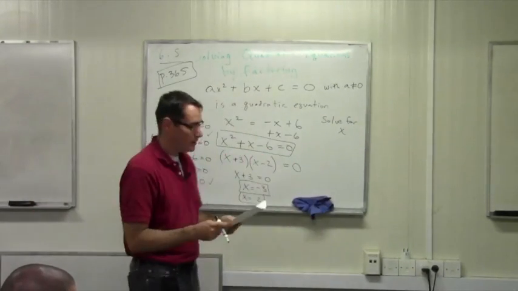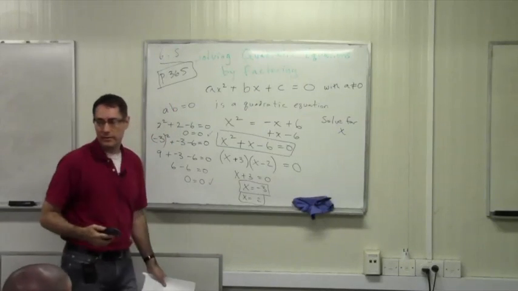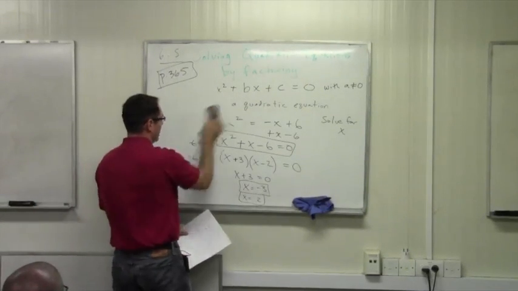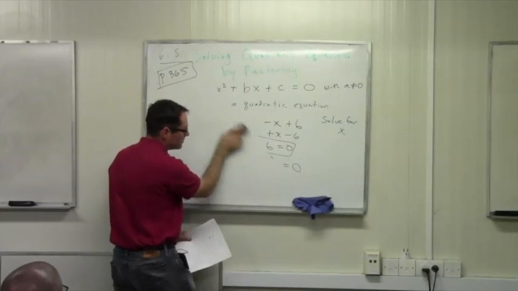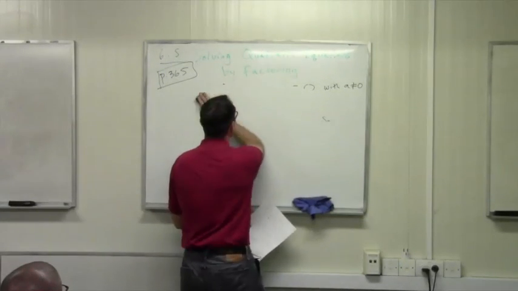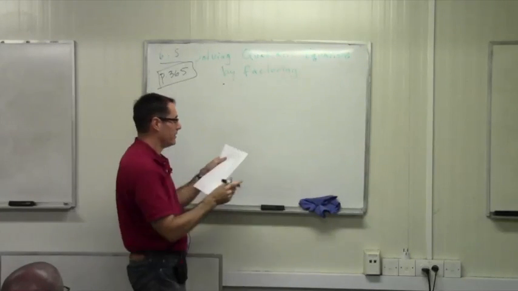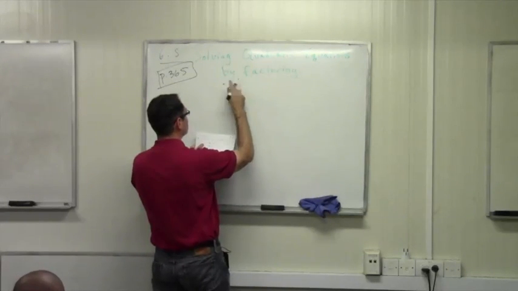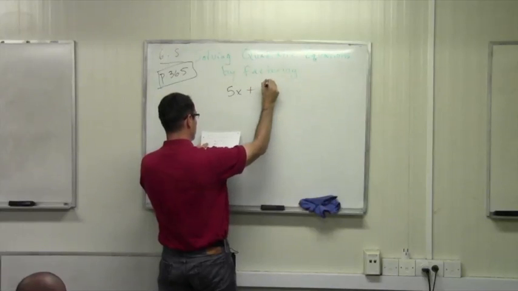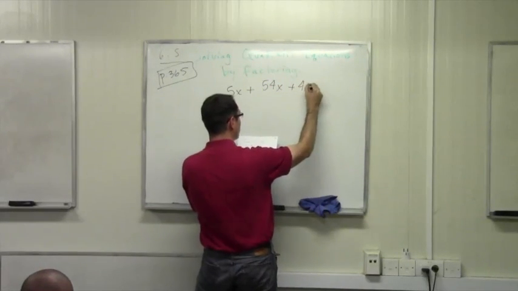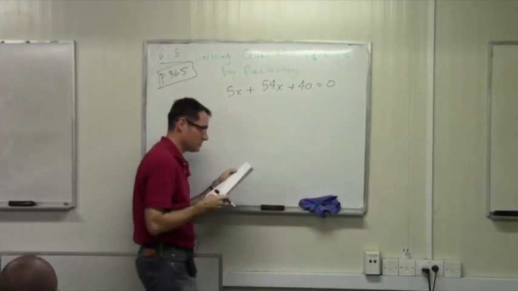All right, here's another one. People still writing this one? No? OK. The next one is 5x squared. Oh, this looks like an ugly one. 5x squared plus 54x plus 40 equals 0.